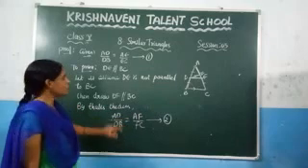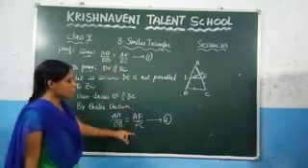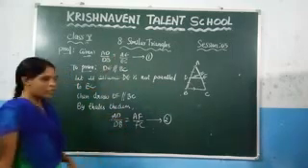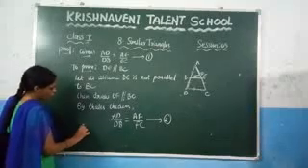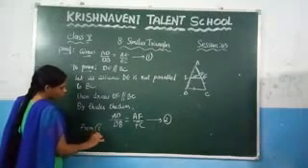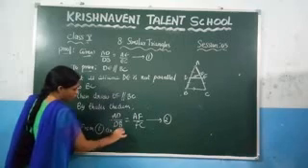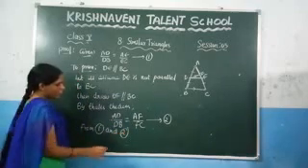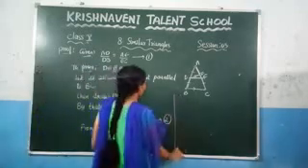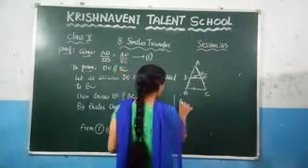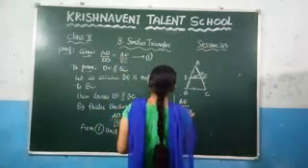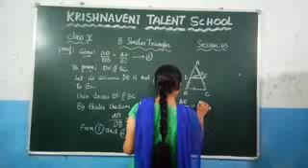So we get AE by EC is equal to AF by FC. So write it here, from 1 and 2, we can equate the RHS part, which is AE by EC is equal to AF by FC.